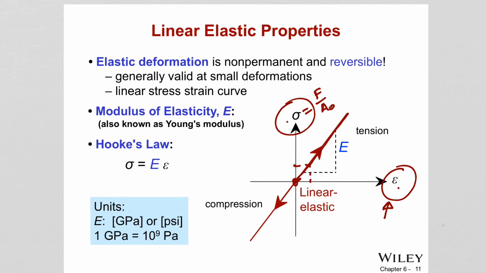Okay, so the slope was going to give you the modulus, E. And when there is a linear relationship, E is constant throughout this deformation, and this is called Young's modulus or modulus of elasticity, and the linear relationship is called Hooke's law, that relates the stress to strain.